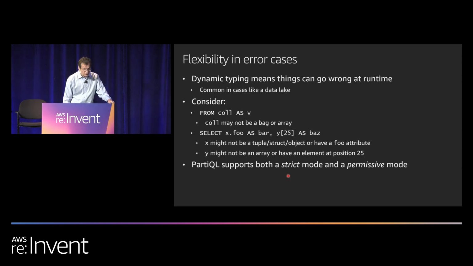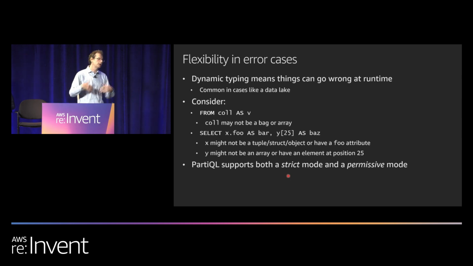In this case, the comparisons, like in our example when we had alias dot attribute greater than, that end up being mistyped are going to lead effectively to a null.